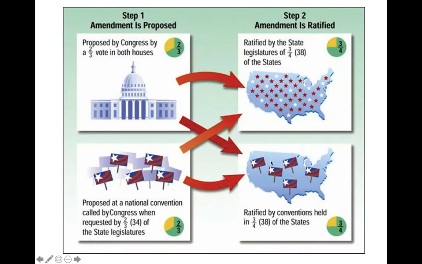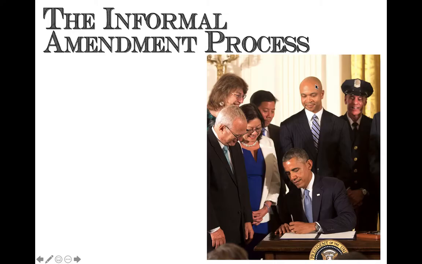Here's a nice visual. 2/3 of both houses of Congress can pass, and then 3/4 of the states, which is 38, or at a national convention, 2/3 of the states, or 34 of them, and then ratified by the states. You can see with the arrows it can go either way. So there are two main steps: an amendment being proposed and ratified.